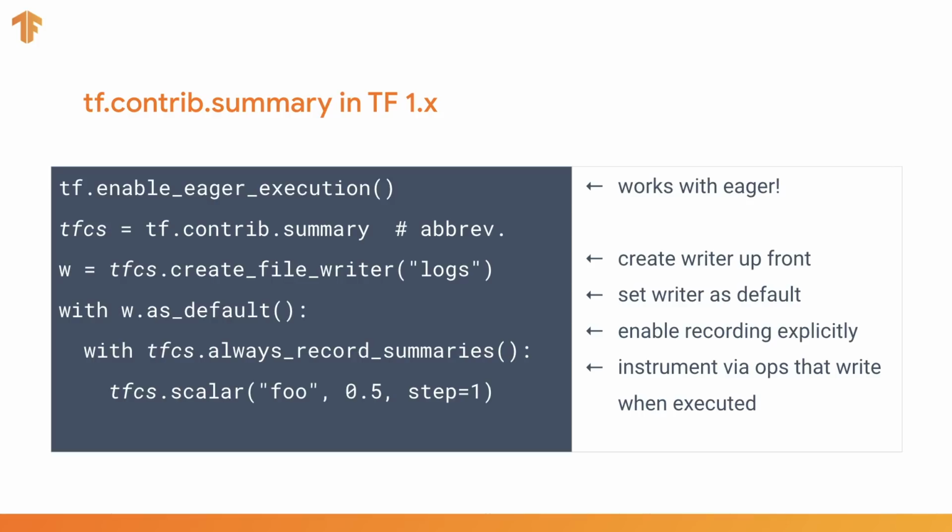It's still tied to a specific log directory, which we'll talk more about later. You set the writer as the default writer in the context. You enable summary recording. And then the individual instrumentation ops will actually write directly to the writer when they run. So this gives you the standard usage pattern of a logging API that you would expect. And it's compatible with eager execution and also with graph execution.